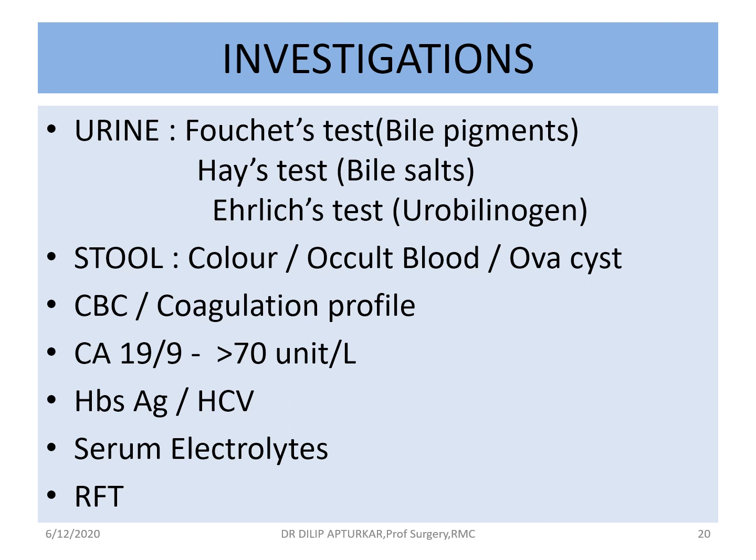Then again we should rule out the previous cause of hepatitis B or hepatitis C by doing the hepatitis B antigen or hepatitis C antibody. Serum electrolytes may be deranged. Renal function will be deranged if the kidneys are affected.